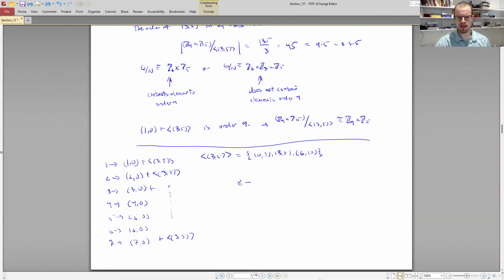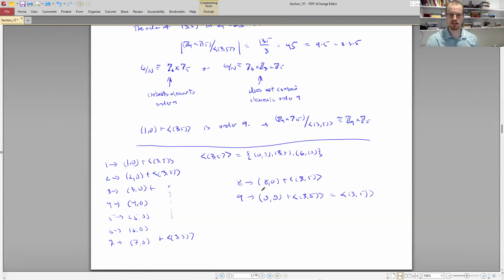If I move up to 8, that's going to give me (8, 0) plus what's generated by (3, 5). And then finally 9: 8 plus 1 gives me 9. 9 in Z9 is 0, so that results in (0, 0), which of course is in what's generated by (3, 5). So this is equal to just the subgroup (3, 5).